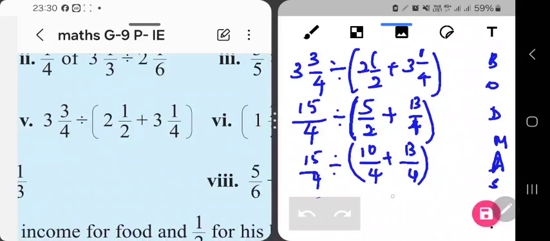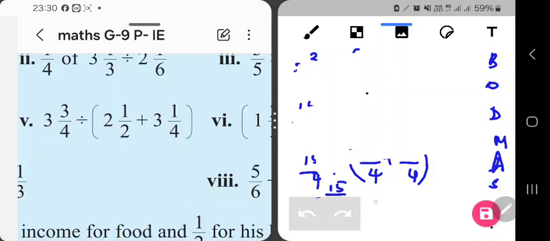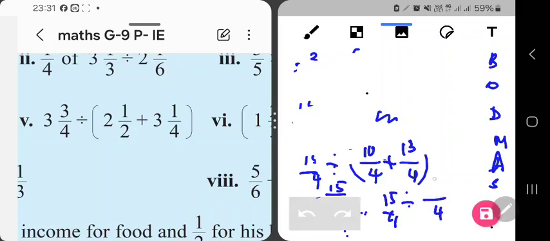So we can add it this way, and this will be 15 over 4 divided by 4 over 10 plus 4 over 13... 4, 10 and 13 becomes 23.